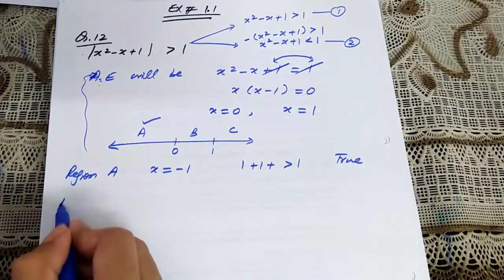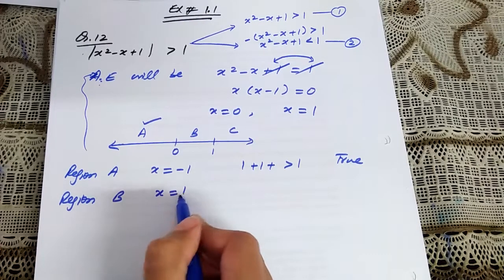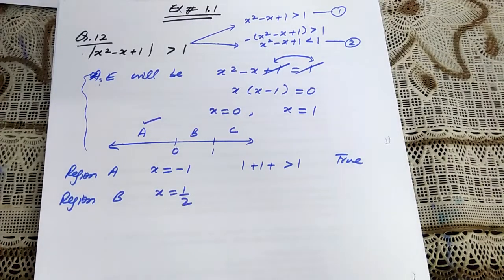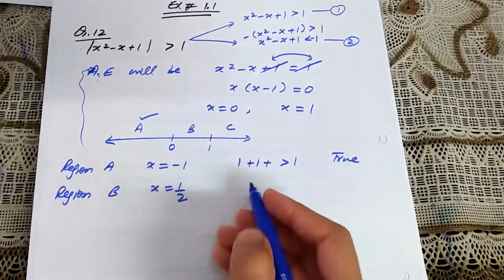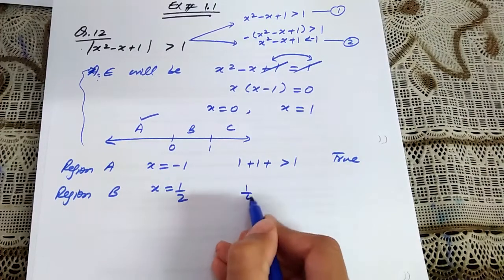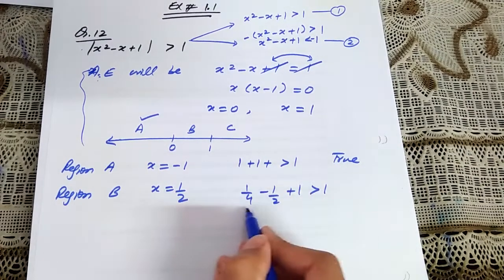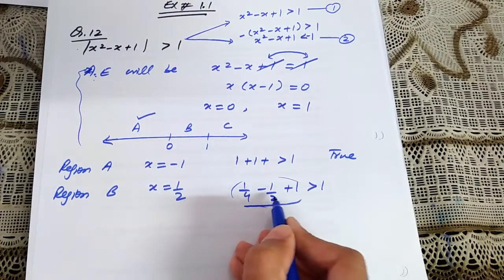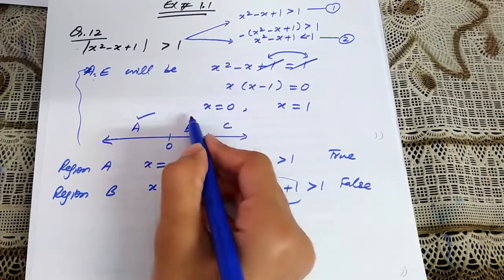Now for region B, let x equal 1 by 2. After putting this value in inequality 1, we get 1 by 4 minus 1 by 2 plus 1, which should be greater than 1, but this gives a false answer because it is less than 1. So region B is not included.